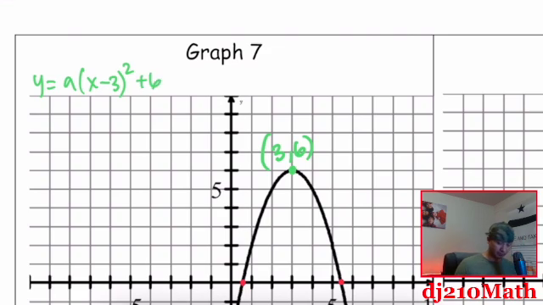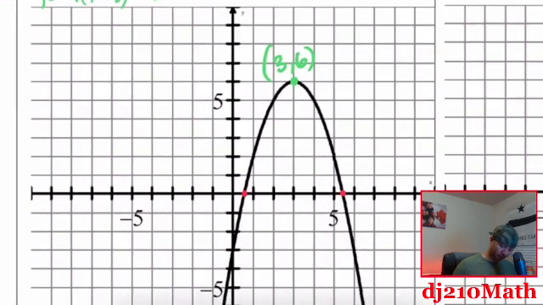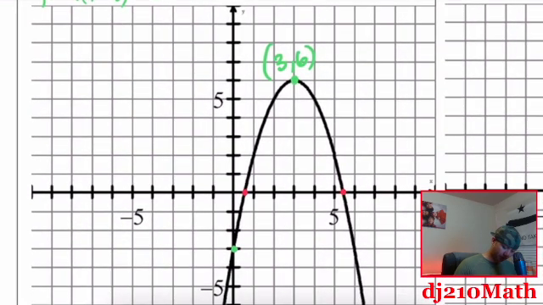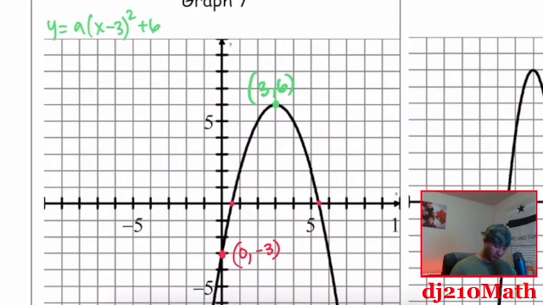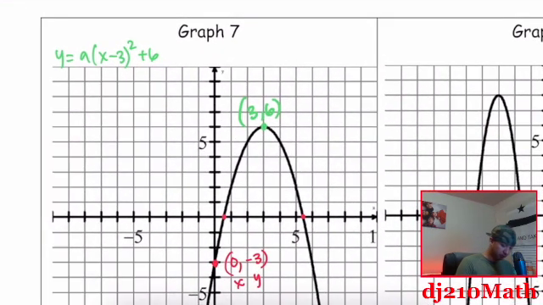All right, inside lies. We pick a point, hopefully with a 0 in it, and we have 0, negative 3. So this is our x and this is our y. So negative 3 equals a times (0 minus 3) squared plus 6. 0 minus 3 is negative 3. Negative 3 squared is 9.